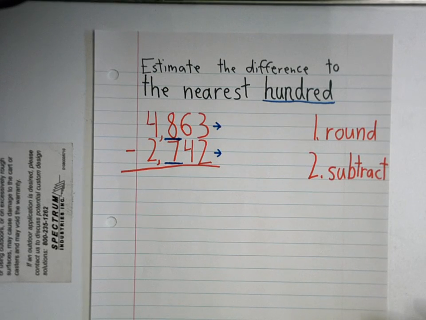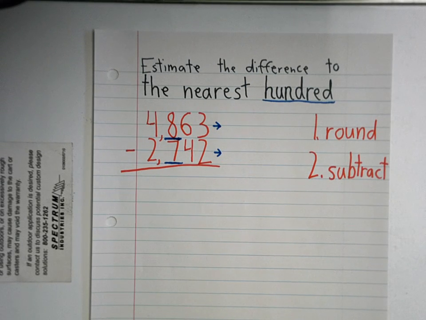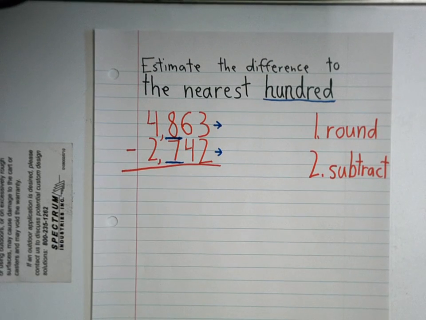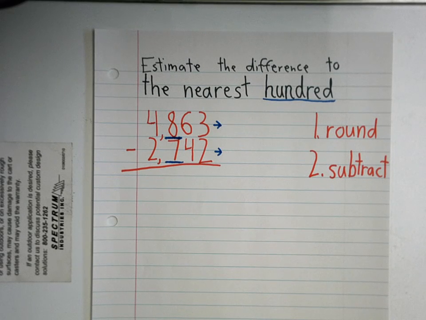But what do we do to the number or numbers before? No. Zachary. No. Change them to zeros. No. You keep the number. They stay the same. The number before the underline always stays the same. Okay? That should be right there in our brain right now.